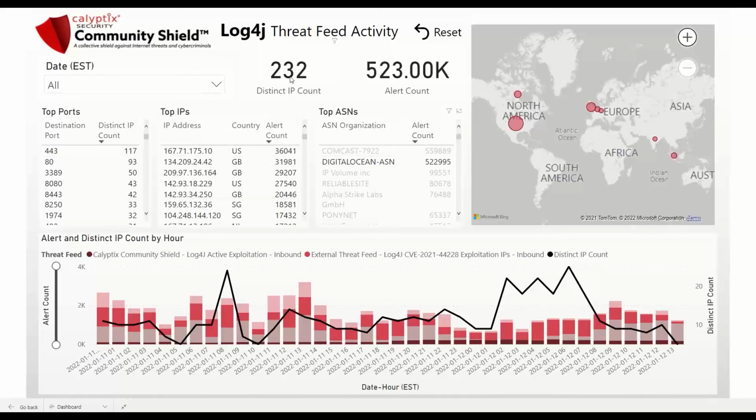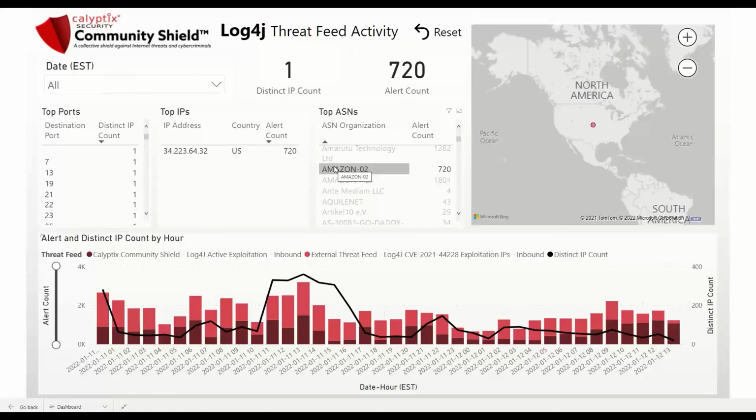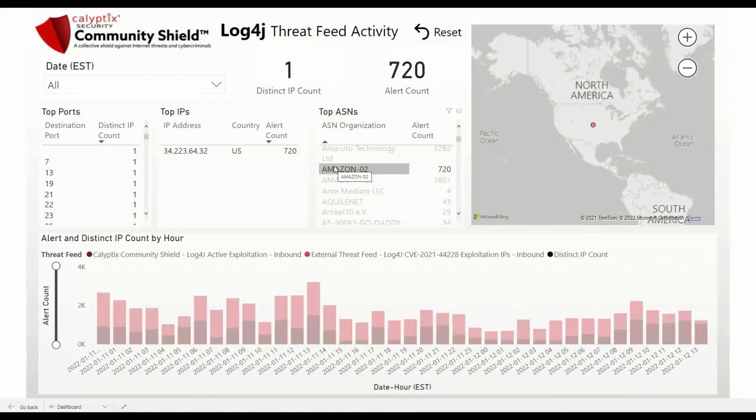You look at DigitalOcean, we're seeing a lot of activity from their infrastructure. Let's check Amazon. There were about 30 IPs from Amazon, but we've only seen one active on the feed. So either the bad guys only use it for less than a day, or we believe, and our internal folks are pretty confident, Amazon's engaged in a lot more active policing. So that's the kind of insight here.